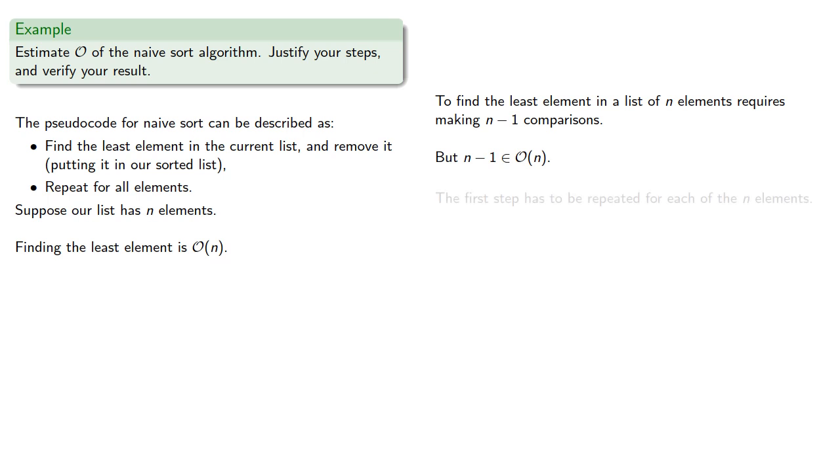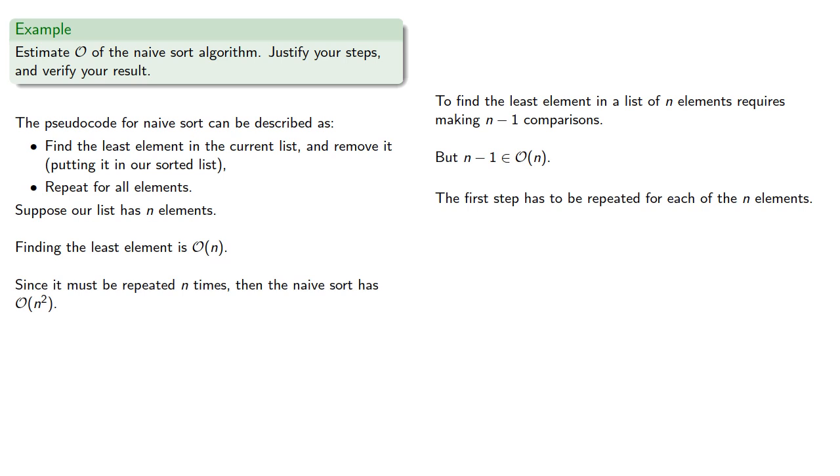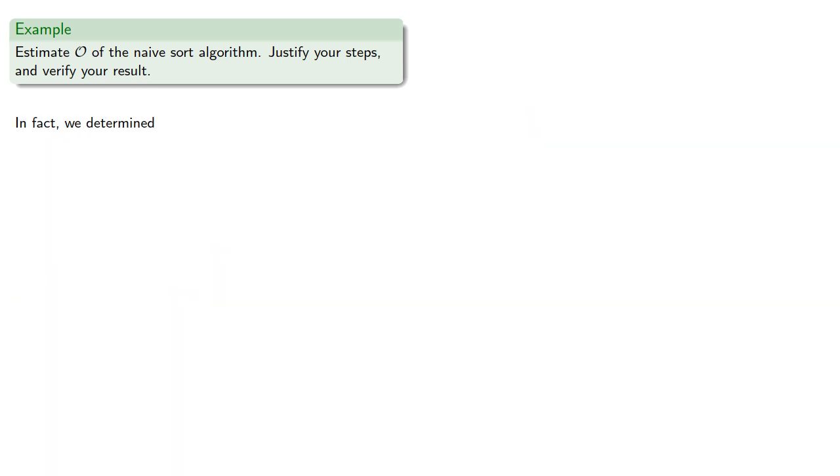This step has to be repeated for each of the n elements, so since we have to repeat this step n times, the naive sort has order n squared. In fact, we determined that the number of steps is actually n times n minus 1 over 2, which we can expand, and find that this is order n squared.